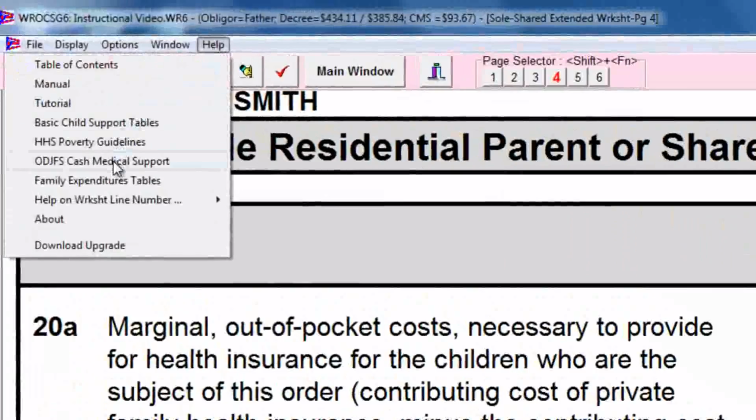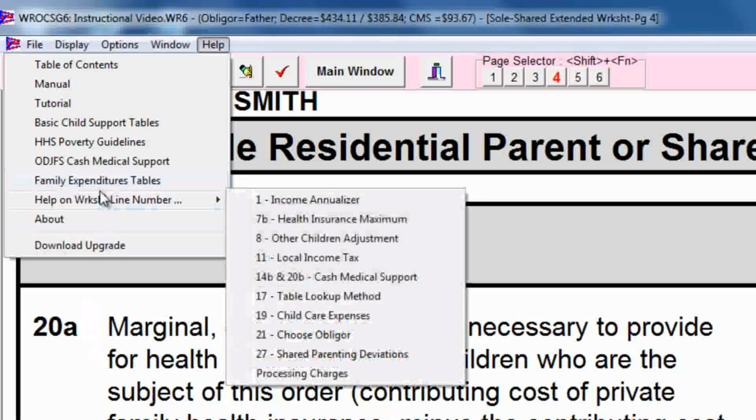Although the entire booklet is not accessible from our Help menu, there is a topic that reproduces the applicable tables. I'll mention now that the Ohio Department of Job and Family Services is empowered to publish a homogenized table from which the value on line 20B is taken. Thankfully, that obviates the necessity of getting involved in calculating the appropriate amount on your own.